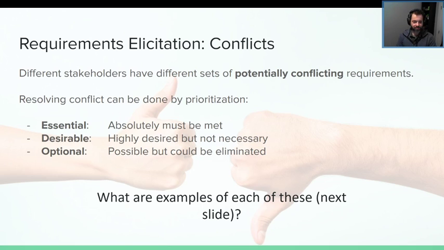We can categorize things into the essential category, where if we do not have this requirement, our product fails, doesn't work. Maybe this thing is desirable, but not strictly necessary, so it's kind of a nice to have. After we've met our essential requirements, then we add in the desirable. Then we add in the optional, if possible.